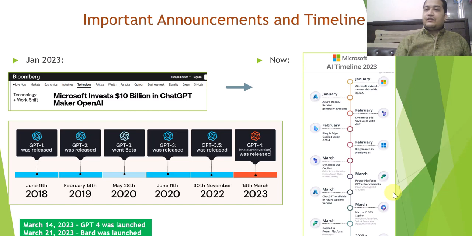It also includes the introduction of Copilot, then GPT enhancements in Power Platform, GPT involvement in Dynamics 365, and then Bing and Edge Copilot using GPT-4. All these different announcements are part of this AI timeline 2023 till now.